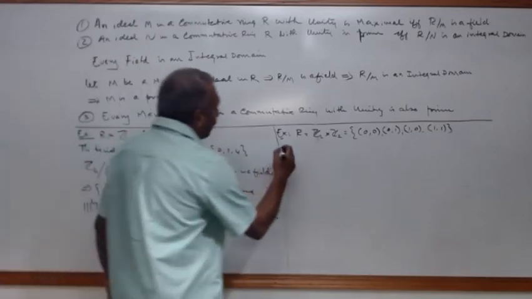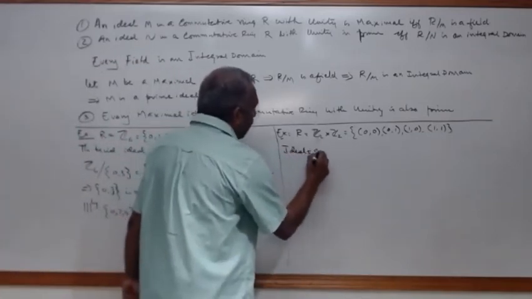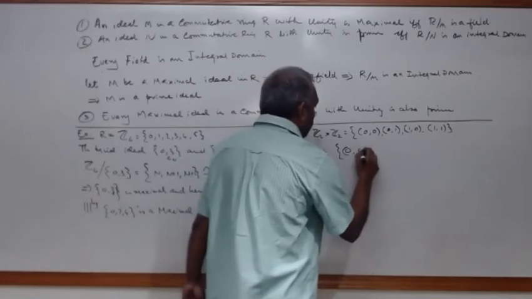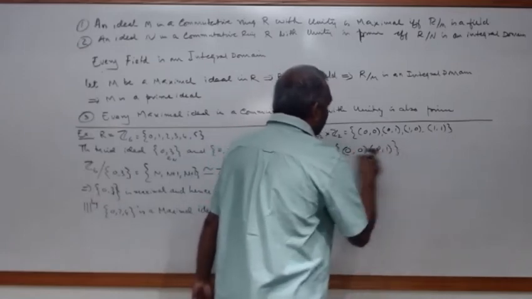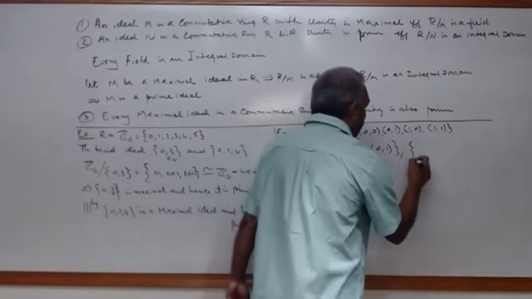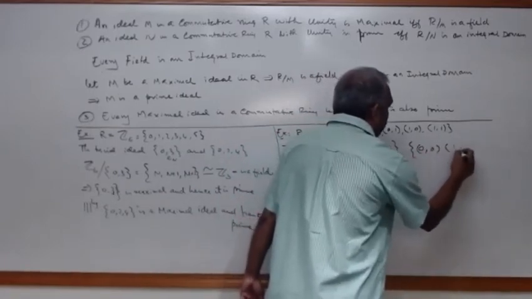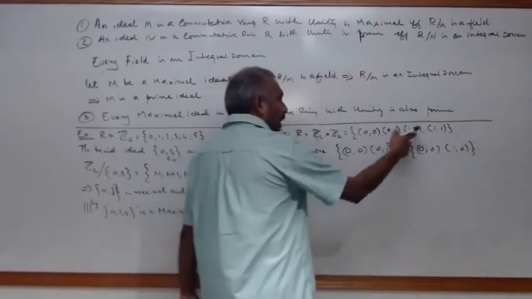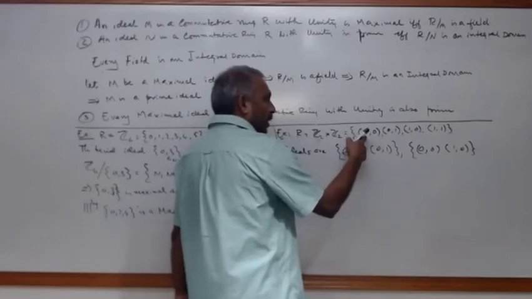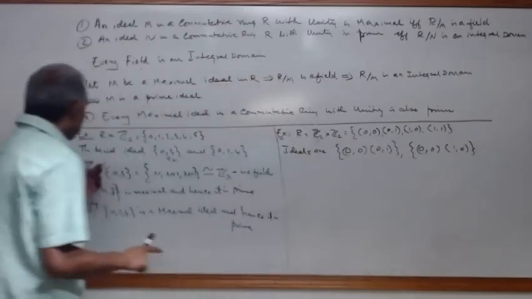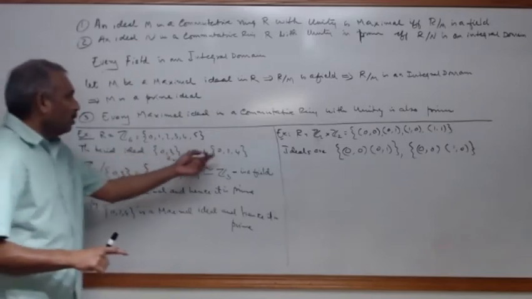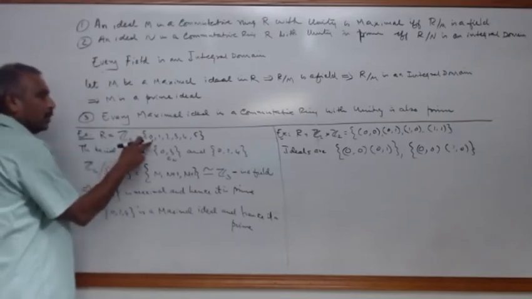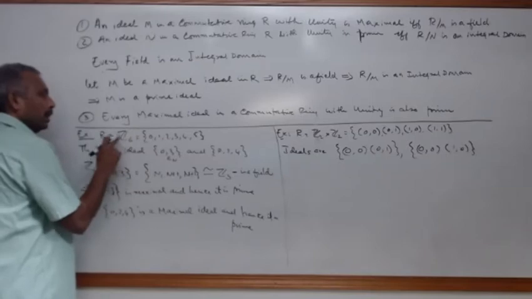Again, the ideals are {(0,0), (0,1)} and {(0,0), (1,0)}. These are the nontrivial ideals. There are two more ideals here: one is just {(0,0)}, and the other one is the whole of R.